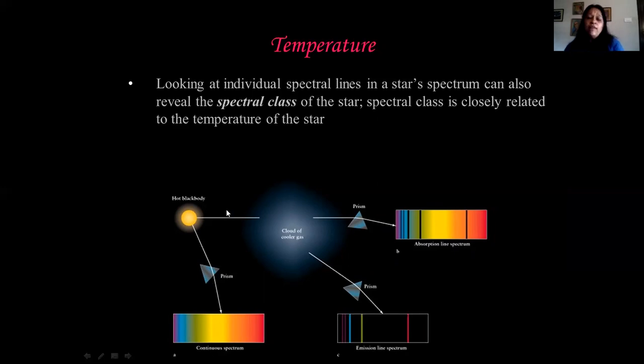You could also have the hot body through which the light passes through some cloud of colder gas. Then it passes through a spectrum. So then what happens is you could actually have what is called an absorption spectrum. That means there could be parts of this radiation which is absorbed by the colder gas, due to which you have an absence of radiation at certain wavelengths. And this is called an absorption spectrum.